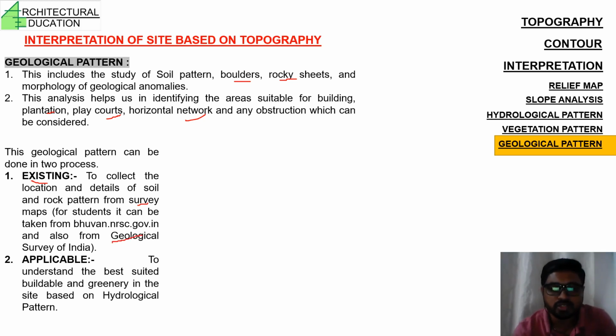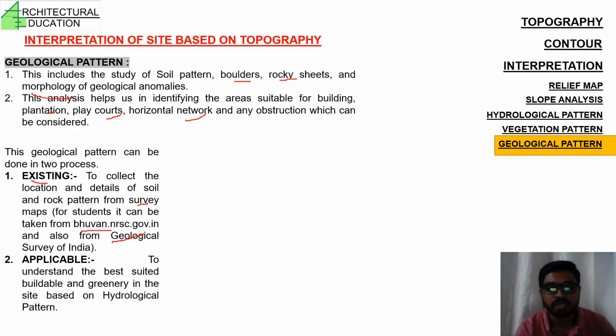Or as a student, I can suggest you also go to the Geological Survey of India physically or through the website, or you can also log into bhuvan.nrsc.gov.in, where you will get all the details about the geological pattern. These websites will not only give you the current geological pattern but also help you in understanding the formation of such geology. Generally we call it geomorphology.